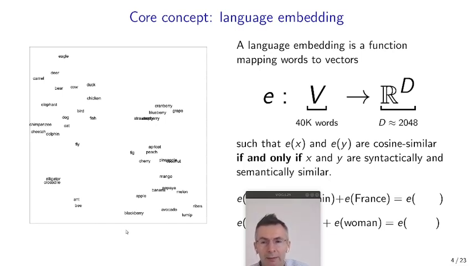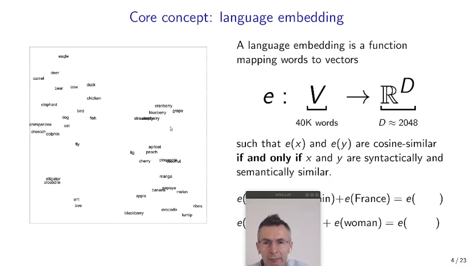But other words like blackberry and eagle, they're obviously very different concepts and they're far from each other in this vector space. So here you have, for example, a bunch of fruits, and here you have a bunch of animals of various kinds.